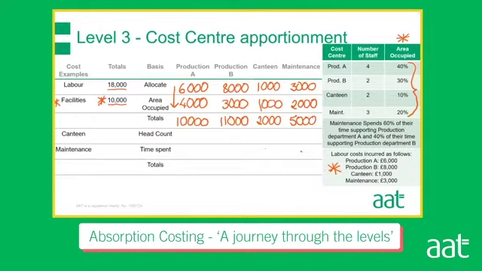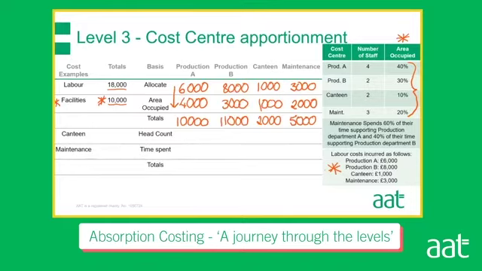So we're on our way towards our formula for calculating an overhead absorption rate. But what I need to do next is get all of my costs associated with production. Then I can leap to my link to working out an absorption rate to charge a share of those overheads into what production are up to.